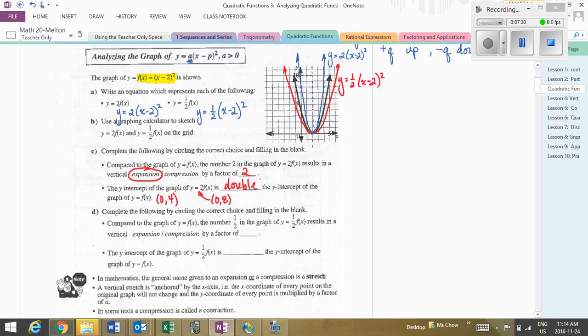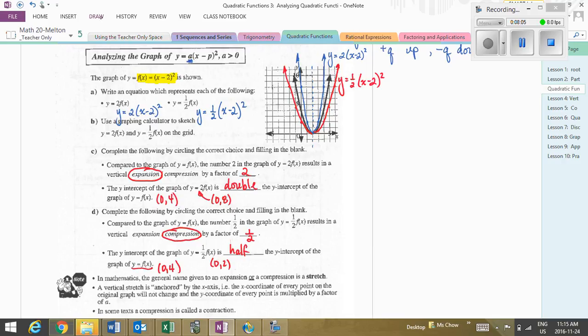If we look at the other graph with a coefficient of 1/2, we're now looking at a vertical compression, so it gets wider by a factor of 1/2. And the y-intercept, again, the original y-intercept was (0, 4). Our current y-intercept is right here, and that is (0, 2). And so the y-intercept, when our coefficient is 1/2, is going to be half the y-intercept of the other graph.